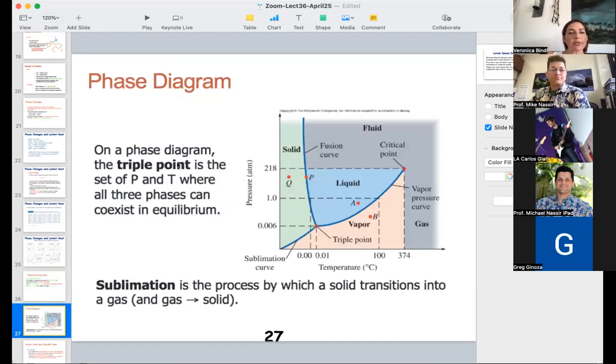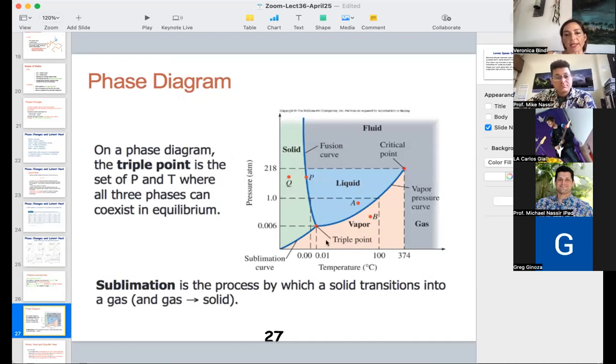I want to show you, as a last thing before doing the problems, on a phase diagram, what is called the triple point, that is the set of the pressure and the temperature where all three phases can coexist in equilibrium. For example, here we have a certain temperature and here we have a certain pressure.